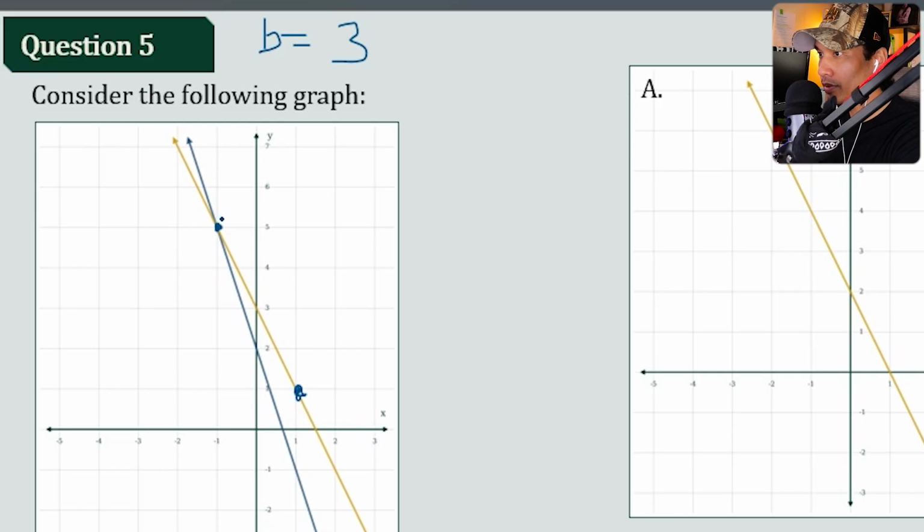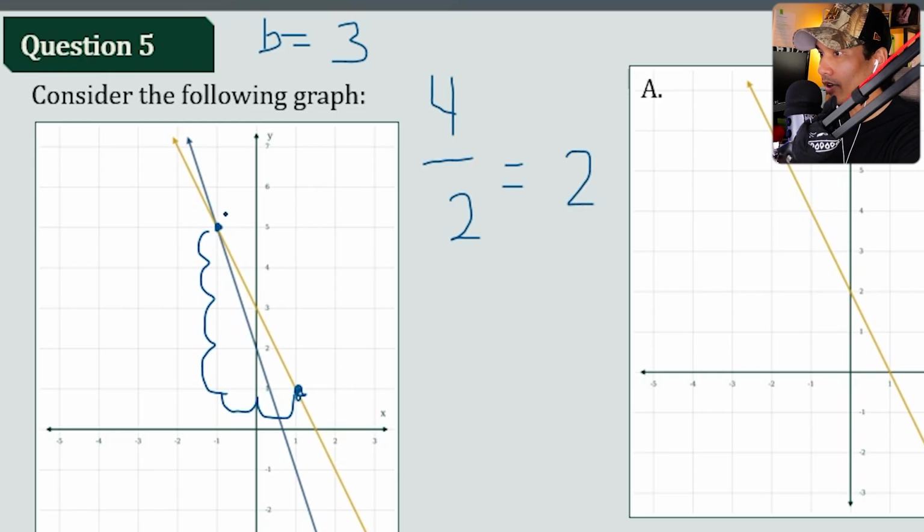Remember, it's rise over run. So I'm going to go down 1, down 2, down 3, down 4, and I have 4. And I'm going to go to the right: 1, 2. Okay, 2. So that gives us 4 over 2, and that's 2.